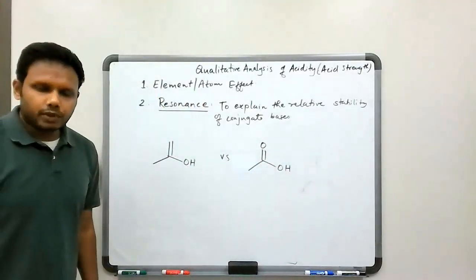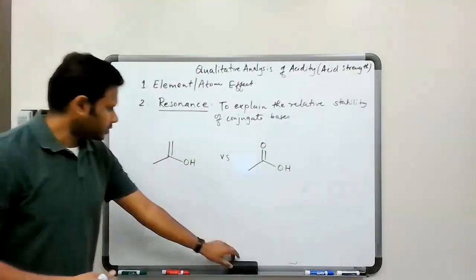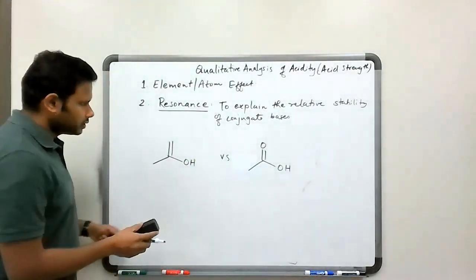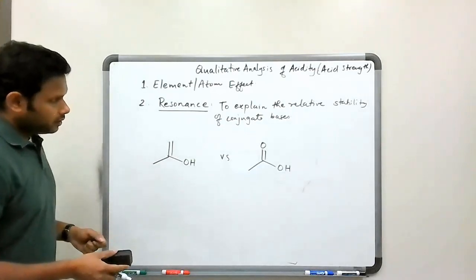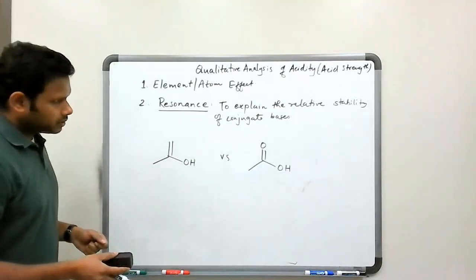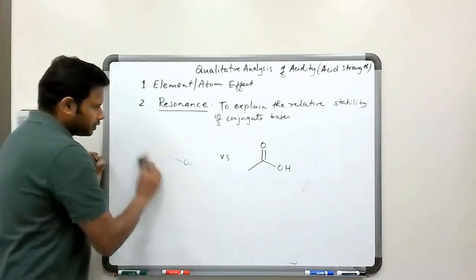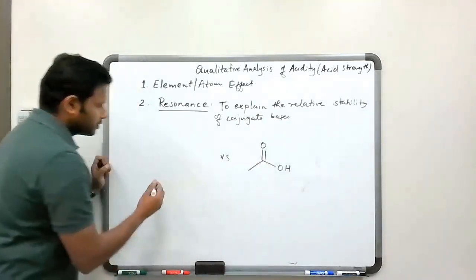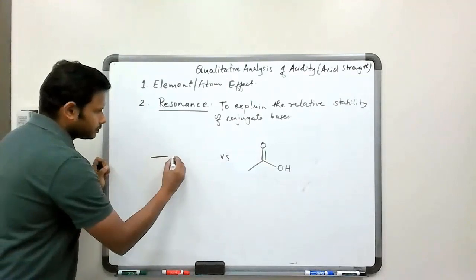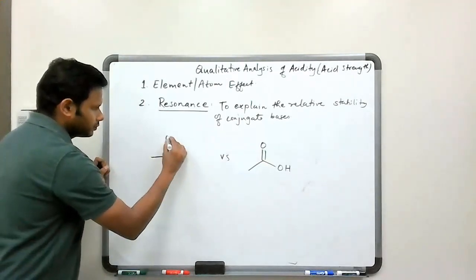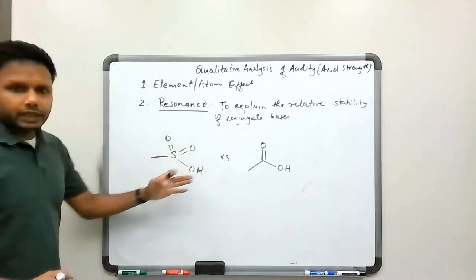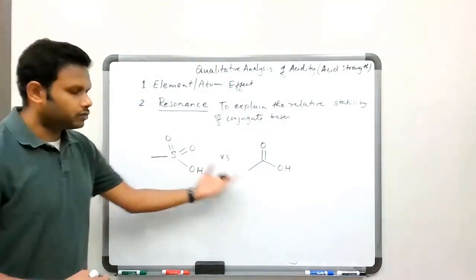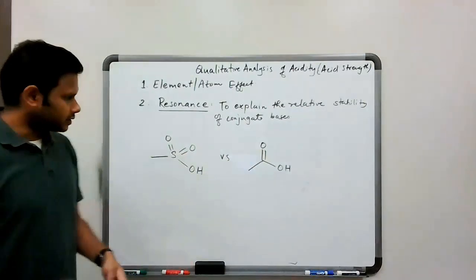I'm actually going to keep it simple for the time being. Maybe we'll look at a different example first. Okay, let's compare that carboxylic acid to a sulfonic acid. Let's do a sulfonic acid versus a carboxylic acid.